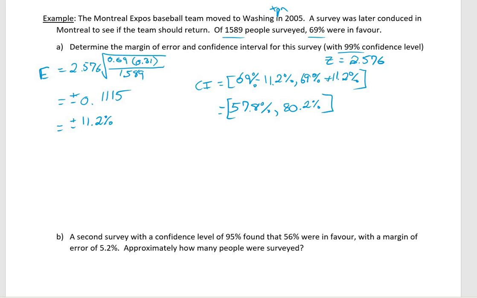So somewhere between 57.8 and 80.2% of those surveyed were in favor.